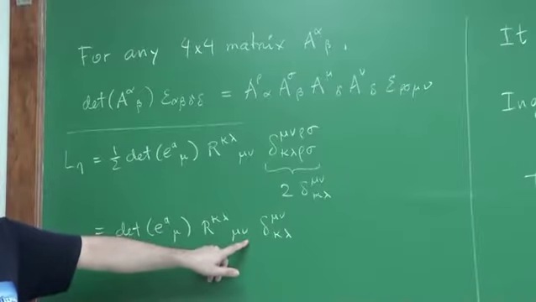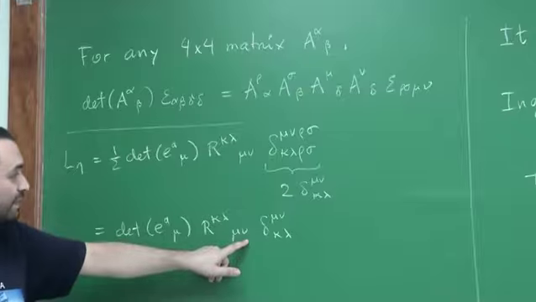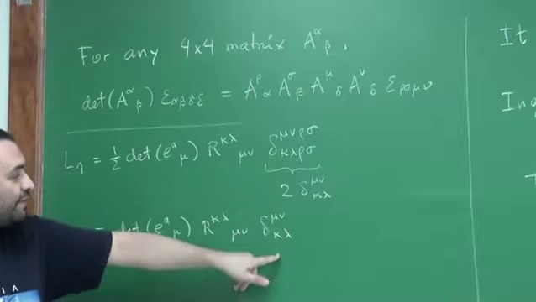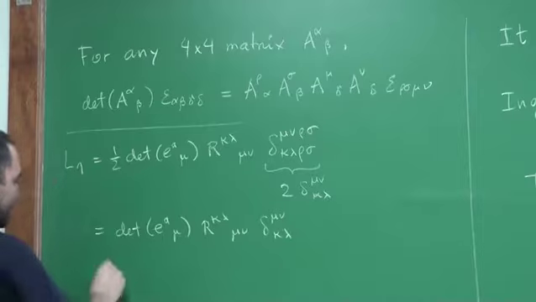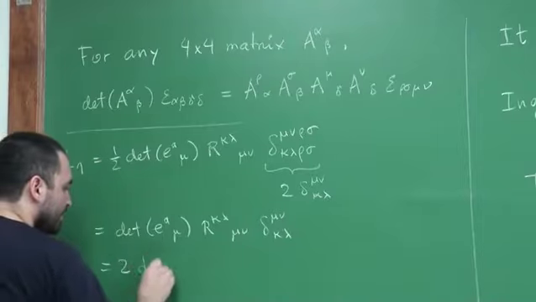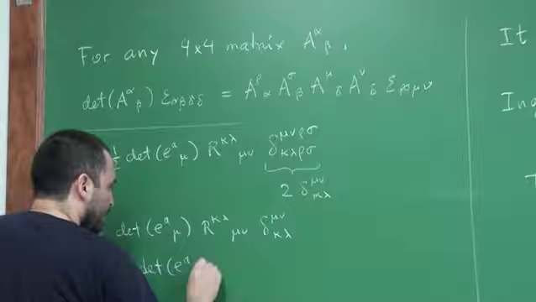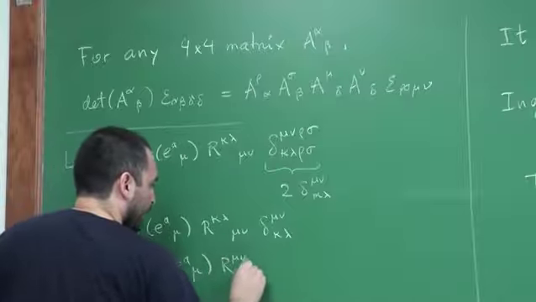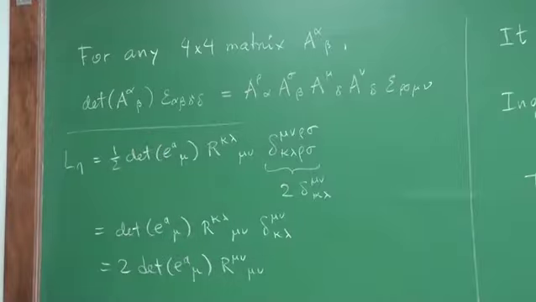These 2 indices are antisymmetric because they are indices of a differential form, and when contracted with this Kronecker delta, they give you 2 times this, and this is the Ricci scalar.